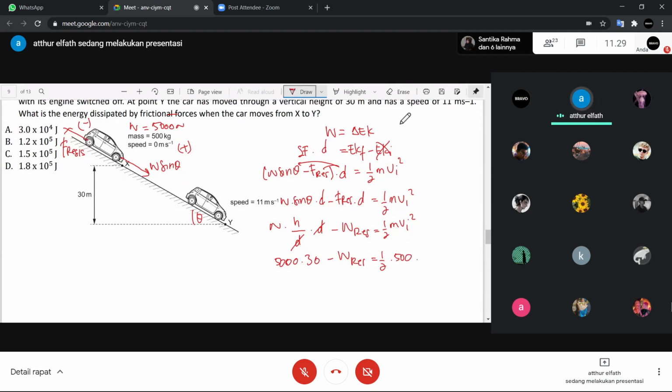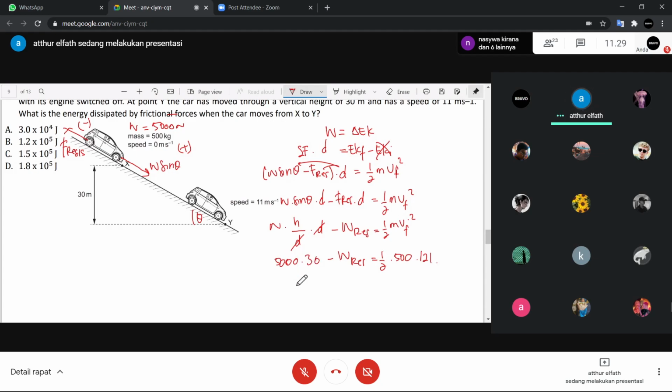Sorry, this is supposed to be the final speed, because the initial speed is 0. The final speed is 11, and 11 squared is 121.